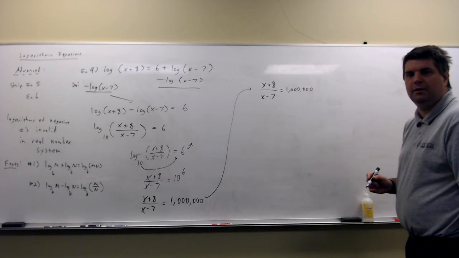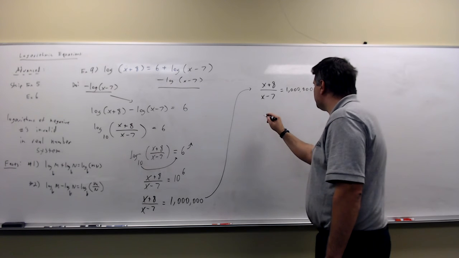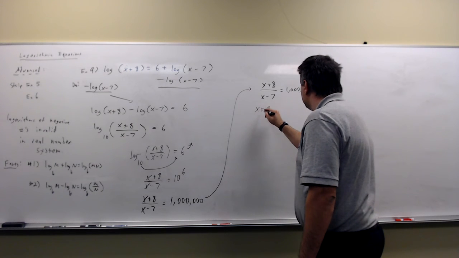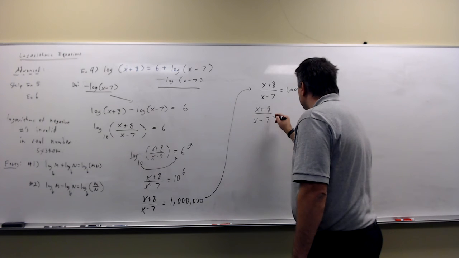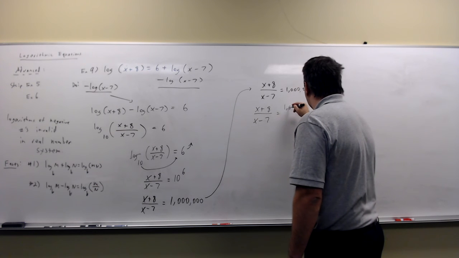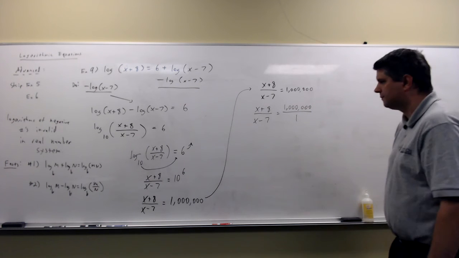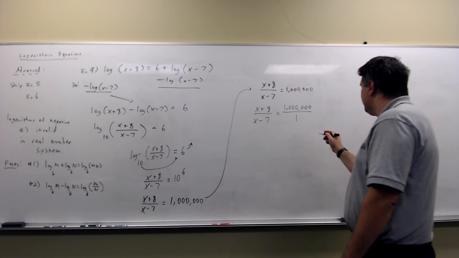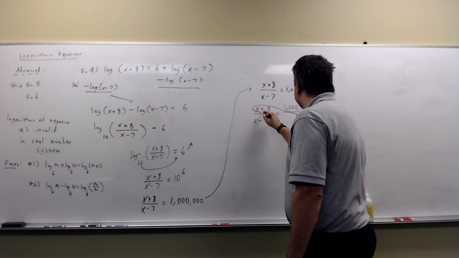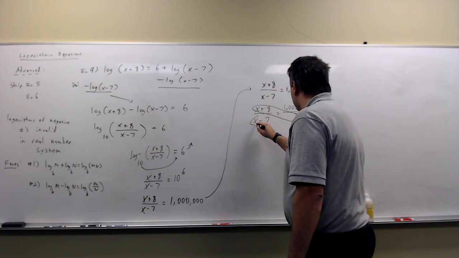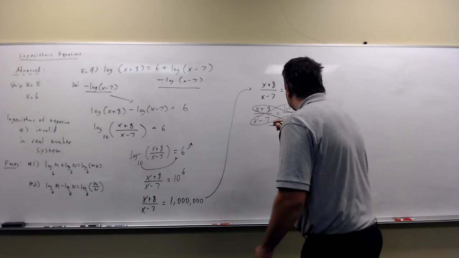All right. As I said, most of my students like the proportion method. So I'll go ahead and change this to a fraction over 1. And this times this equals this times this.